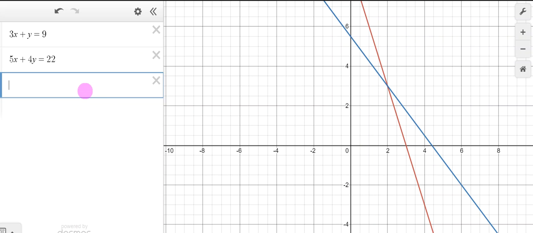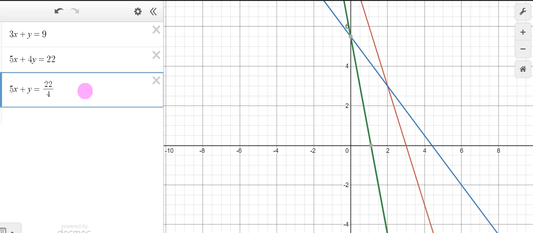So it'd be 5x plus y equals, and I could just do 22 divided by, no, it still doesn't work. Divide the whole thing. So it would be 5 divided by 4 x and 4y. That works. Do you all see that? Look how that's just fine, absolutely fine. I'm happy with that. You guys probably not so happy with it, but that works.